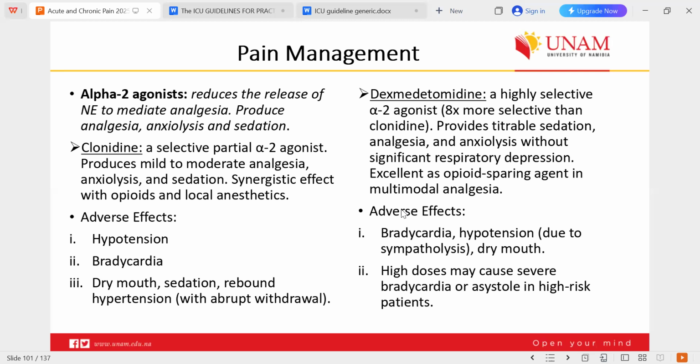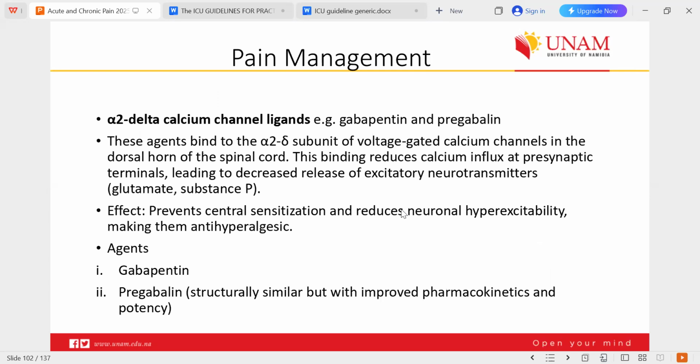It's excellent as an opioid-sparing agent in a multimodal approach, but know that high doses may also cause severe bradycardia and may predispose the patient to asystole in high-risk individuals. Then we have the alpha-2 delta calcium channel ligands, gabapentin and pregabalin.